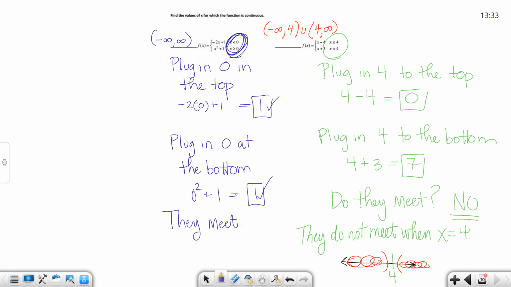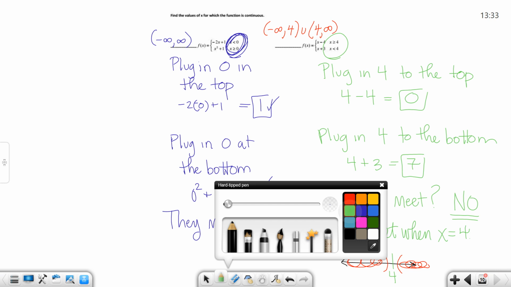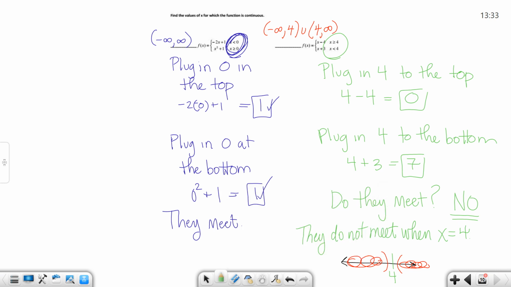So in this first one here, the blue one, this one was continuous everywhere. Looking at the green one, we have 2 choices for this one. It's either continuous everywhere, or it's continuous everywhere but the split. So the split of this one did not meet. So since it did not meet, we had to throw out 4, and that means it was continuous everywhere but 4, and the way that we write that is like you see in the red.